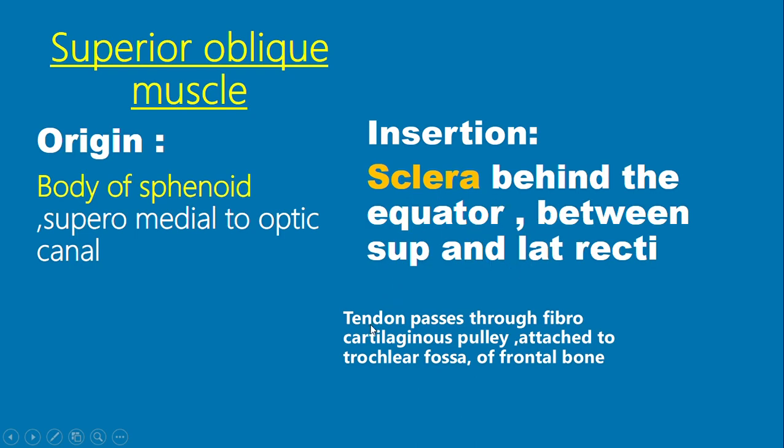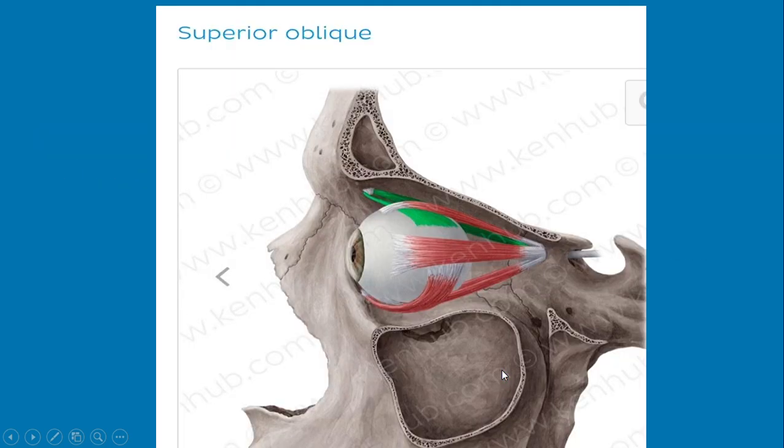Understood? The tendon passes through the fibrocartilaginous pulley attached to the trochlear fossa of the frontal bone. Can you see in this diagram? The green colored superior oblique muscle originating from the sphenoid, inserts towards the sclera after passing through a fibrocartilaginous pulley which is attached to the trochlear fossa just below the superior orbital margin.